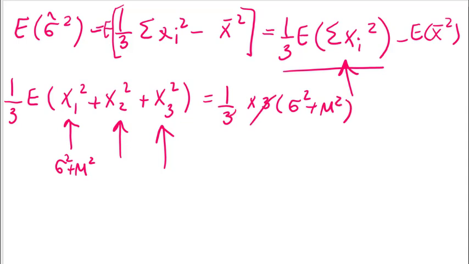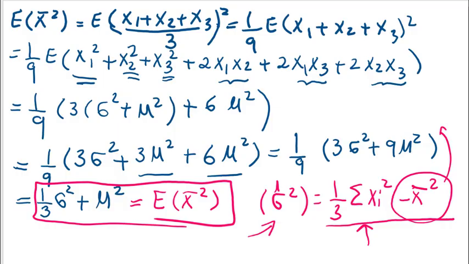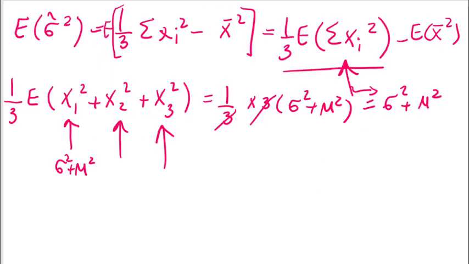Okay, so this cancels out, so we are left with sigma squared plus mu squared for that bit, 1 over 3 expectation of sum of xi squared. Okay, so now in here we had expectation of x bar squared is equal to this, and here we had 1 over 3 expectation of sum of xi squared is equal to this one.